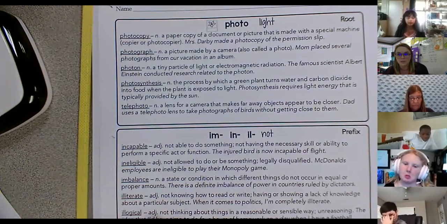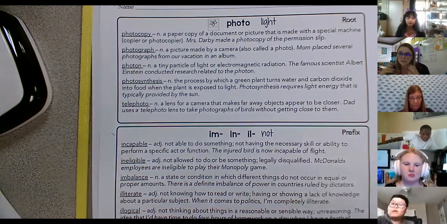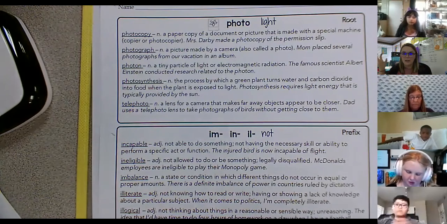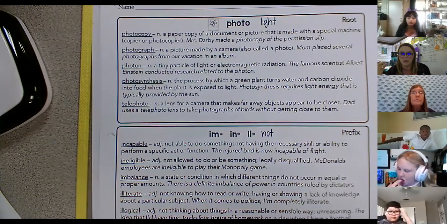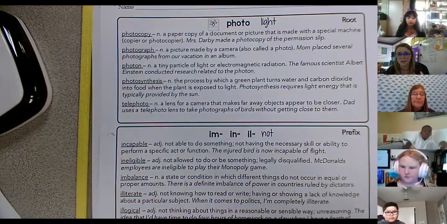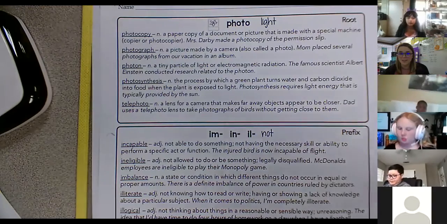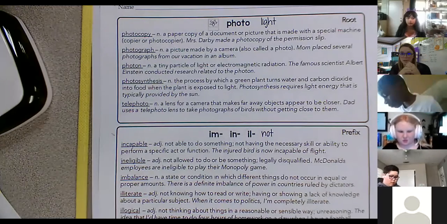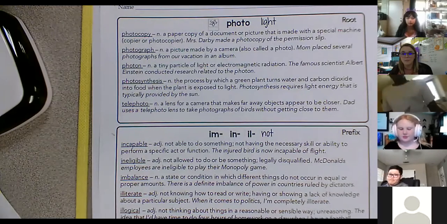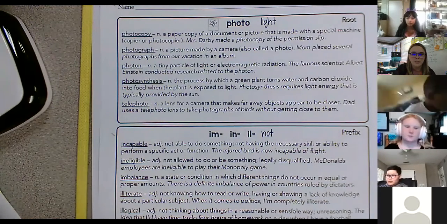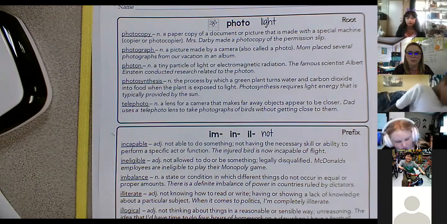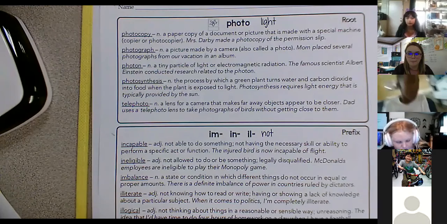So when your plants are in the sunlight, inside the plant, it is turning water and an element called carbon dioxide, or a compound called carbon dioxide, into food. So it's taking the light energy, water, and carbon dioxide, and mixing it around inside of itself and turning it into food.